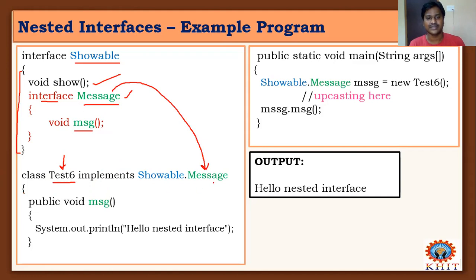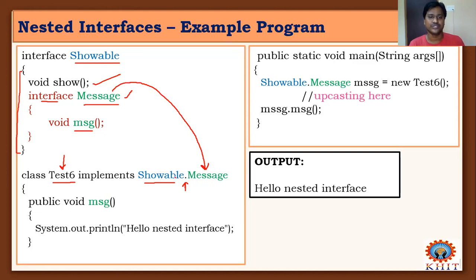That should be accessed only through the outer interface name. So this is the outer interface Showable with the dot operator only. With the dot operator only, we can access this inner interface defined in the Showable scope.